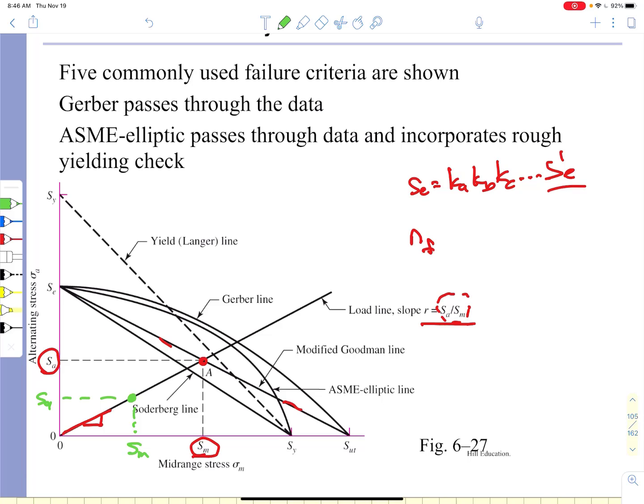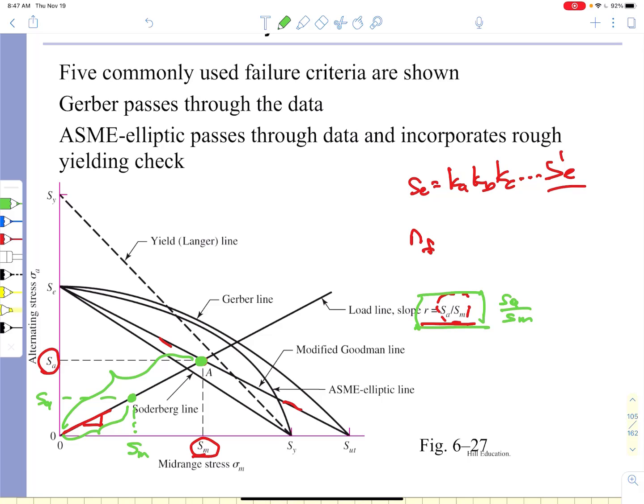And how do we calculate the fatigue factor of safety? What we do is, for this particular load line with the slope given by SA over SM, and it could be our green one, remember, SA over SM, that's perfectly legit. We measure the length of the line out to where it intersects our particular fatigue failure criterion, and we measure the length of the line for our particular load application.